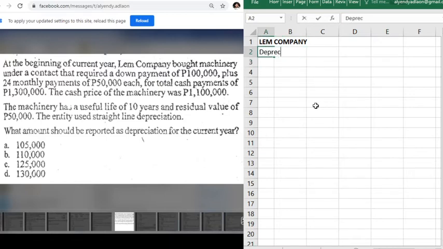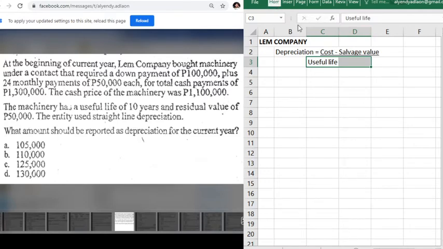Depreciation expense is the cost of the asset less any salvage value, divided by the useful life of the asset. So this is the formula for the straight line depreciation.